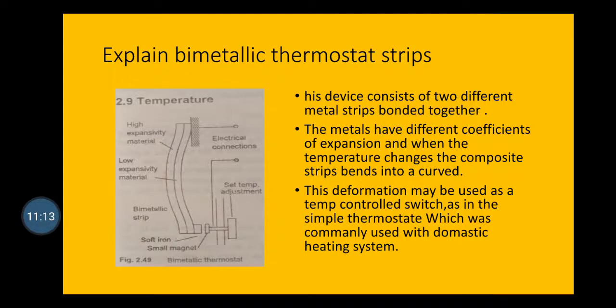Here this device consists of two different metal strips bonded together. The metals have different coefficients of expansion, and when the temperature changes, the composite strip bends into a curve.